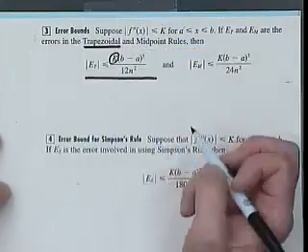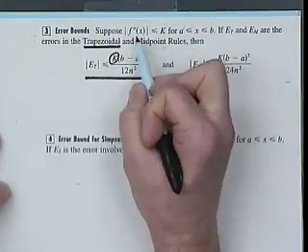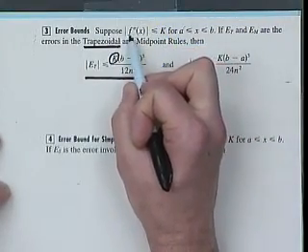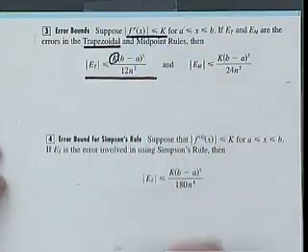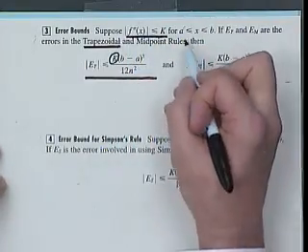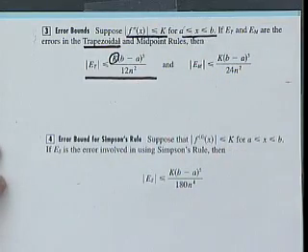Now, what is this K? K is the maximum value of the second derivative over this interval from a to b.